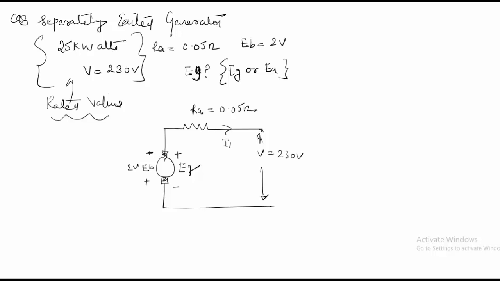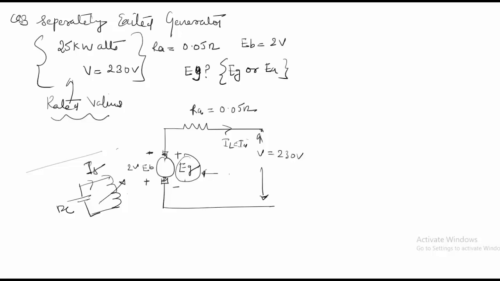Then this is my load current, which is equal to armature current, and there will be the field here which can be shown like this, which is supplied by a DC source, and which is a variable field, and the field current is IF. But in case of a separately excited generator, the field current and the voltage is nowhere related to my generated voltage when I am calculating the EG based on my load current.